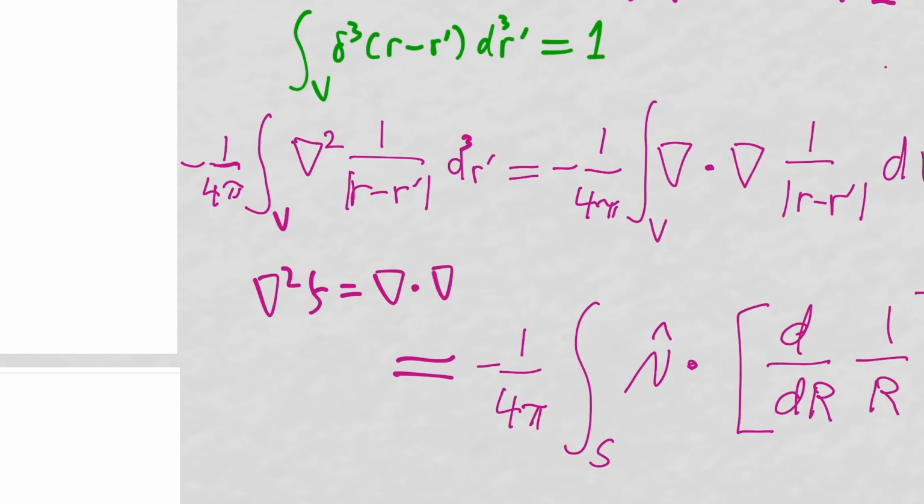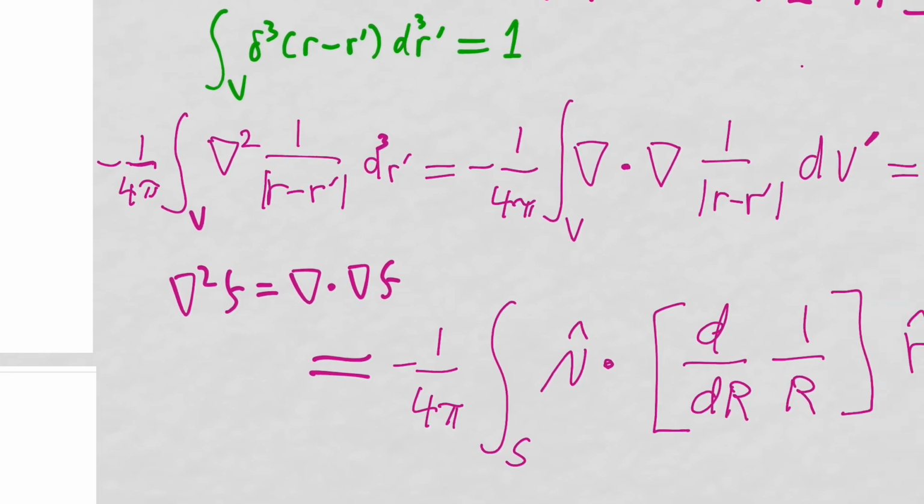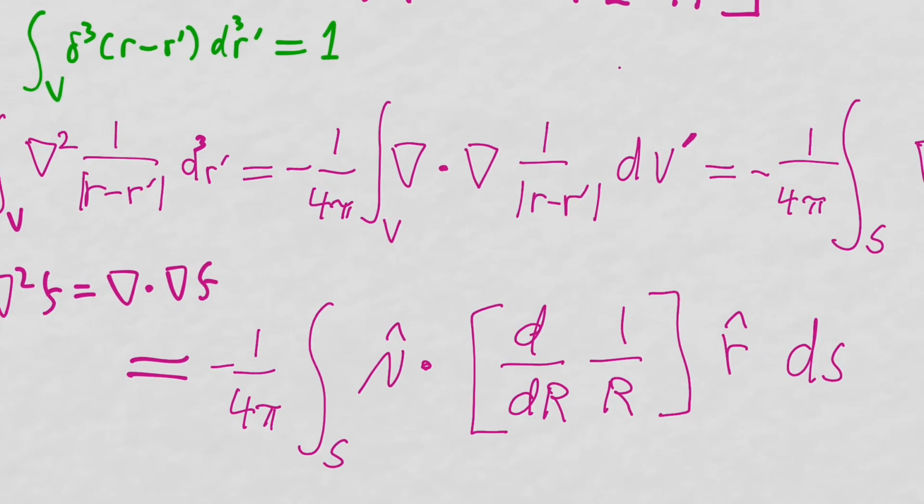This is a little vector calculus identity that helps you break this down. It's not clear why you would do this, but usually when you create a divergence, you're setting yourself up to use the divergence theorem, and that's exactly what's going on here. So we turn that Laplacian into the divergence of a gradient.